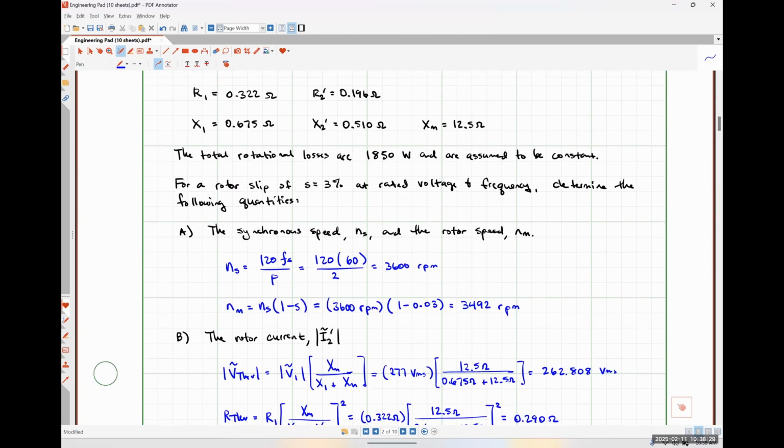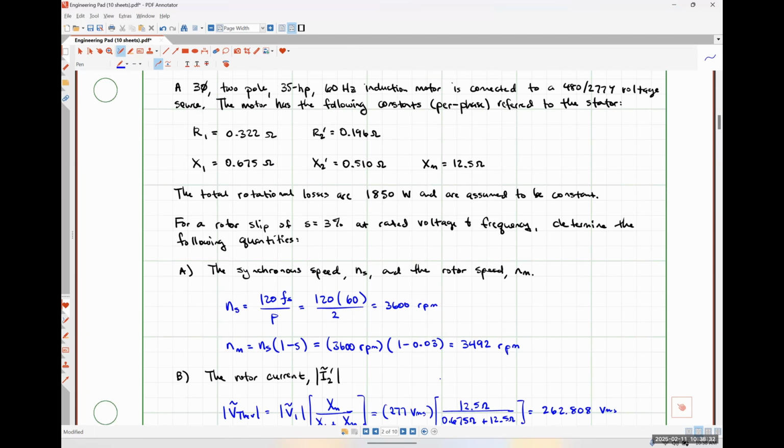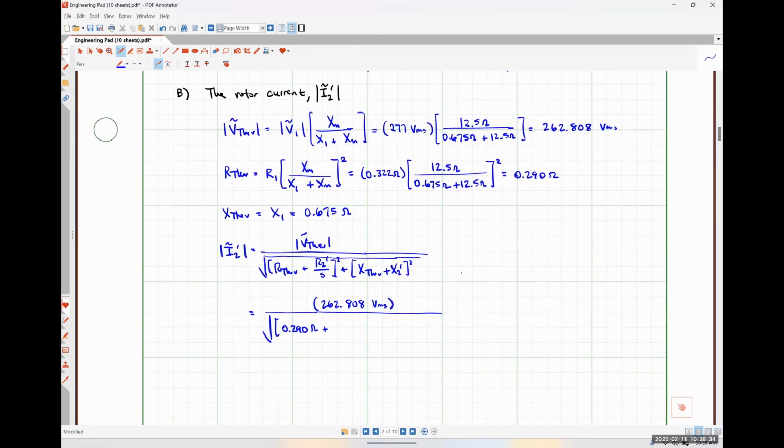R2 prime, if I scroll back up here, was 0.196 over my slip of 3%. So that's going to be 0.03, sorry, I put too many zeros there. So that's my first term, square that guy.